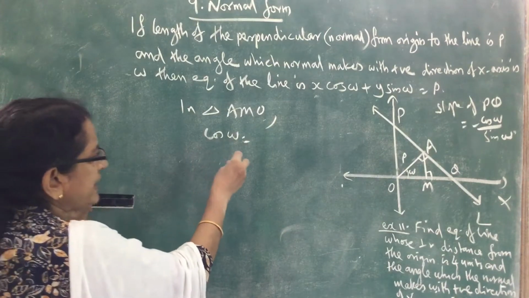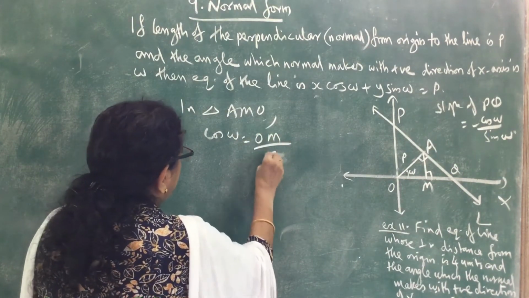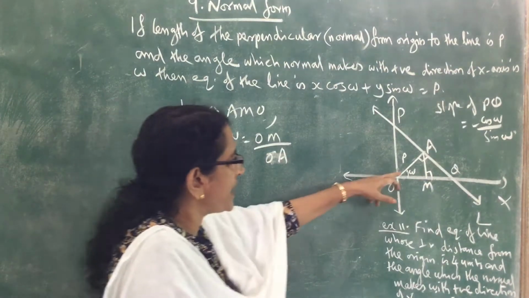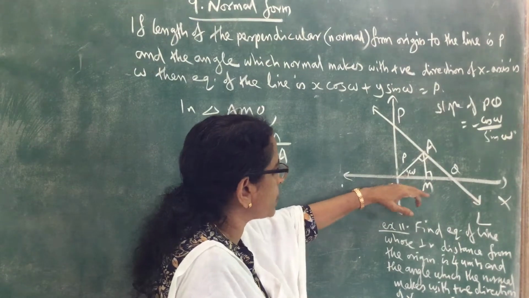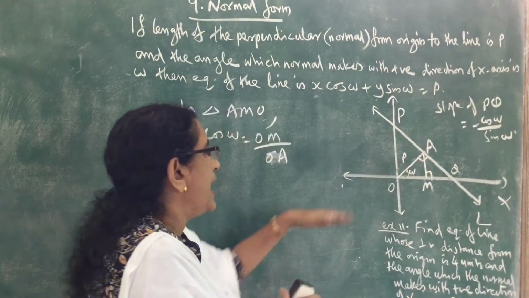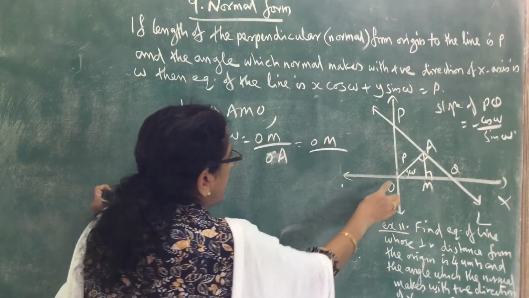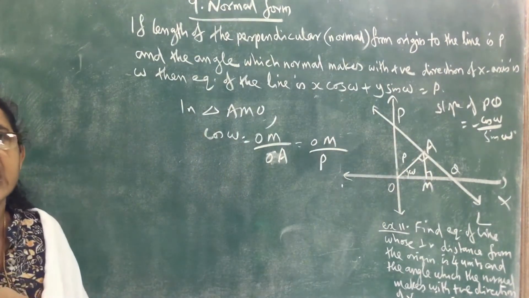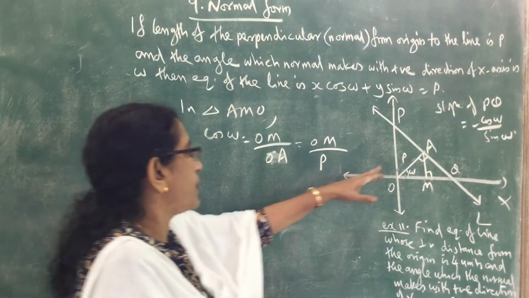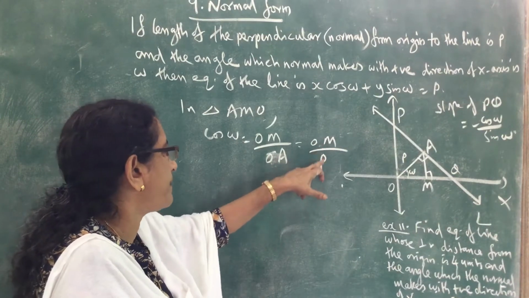So cos omega in this small triangle AMO equals OM by OA. OA equal to P, so in the place of OA we can write P, so OM by P.